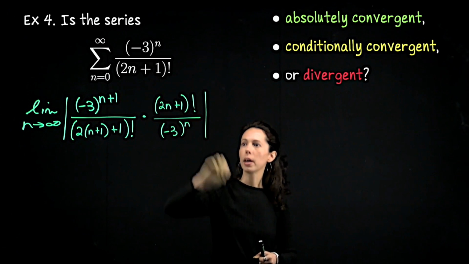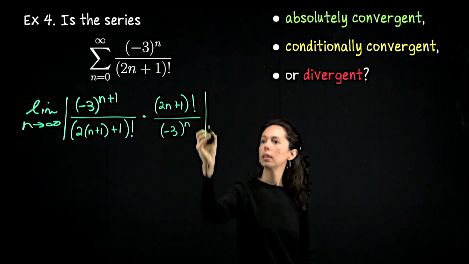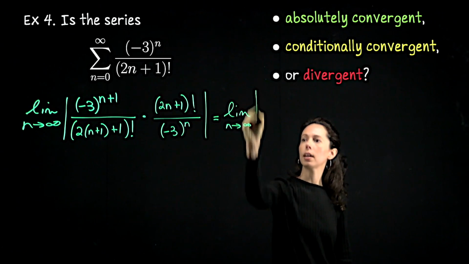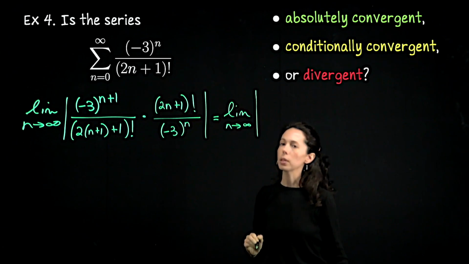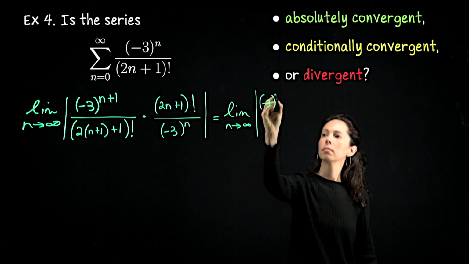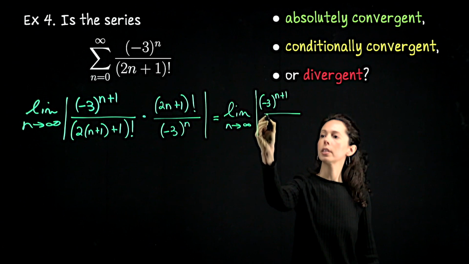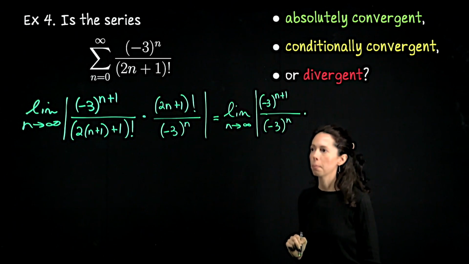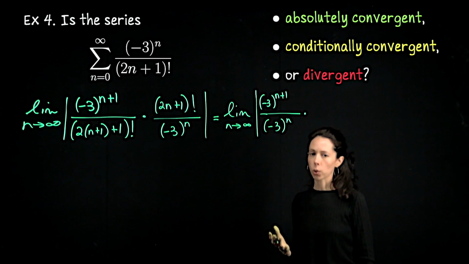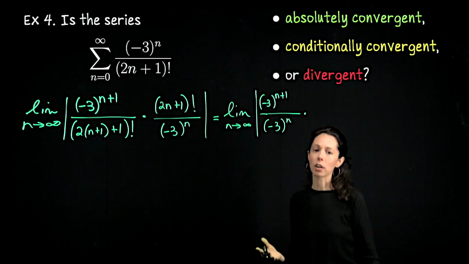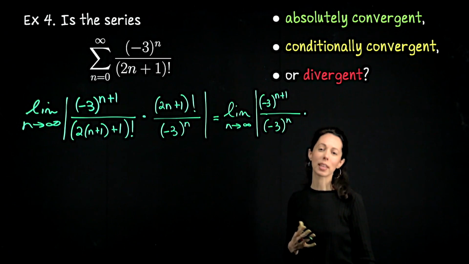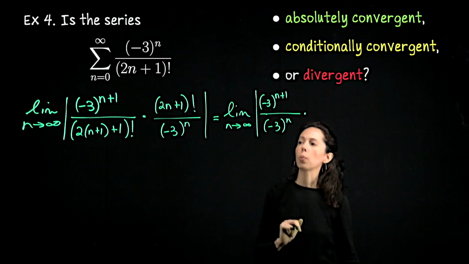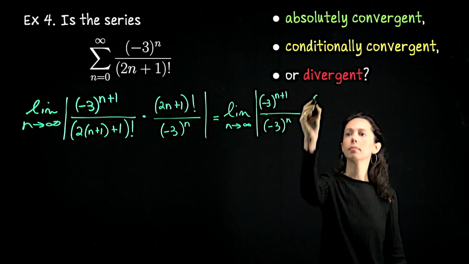I'm going to match those up. I'm going to match these factorials up. Maybe write this a little more condensed. So this is the limit as n goes to infinity of -3 to the n plus 1 divided by -3 to the n. Similar cancellation to what we had in the previous example will happen there. What's going to happen with the factorials is often what you will observe whenever you use the ratio test to assess a series that contains a factorial expression. So let me leave 2n plus 1 factorial as it is.